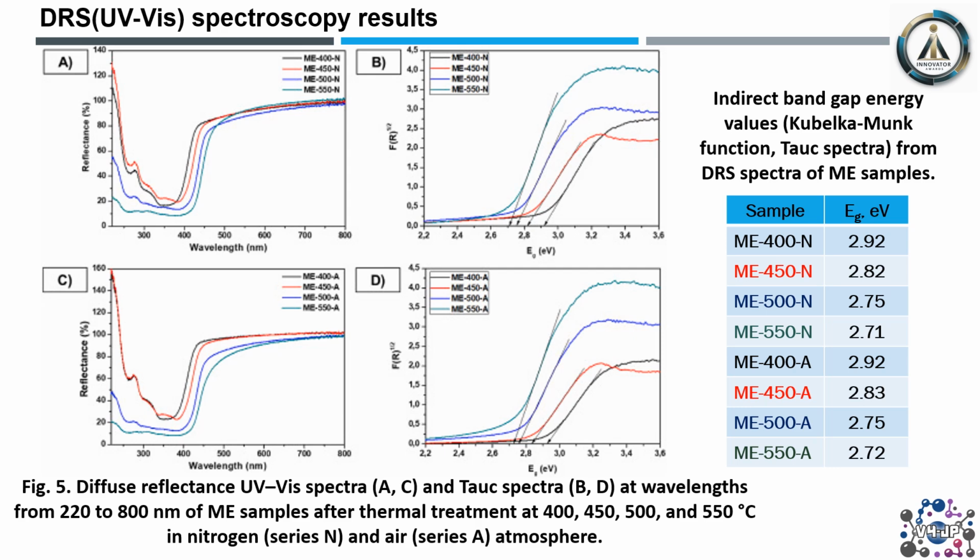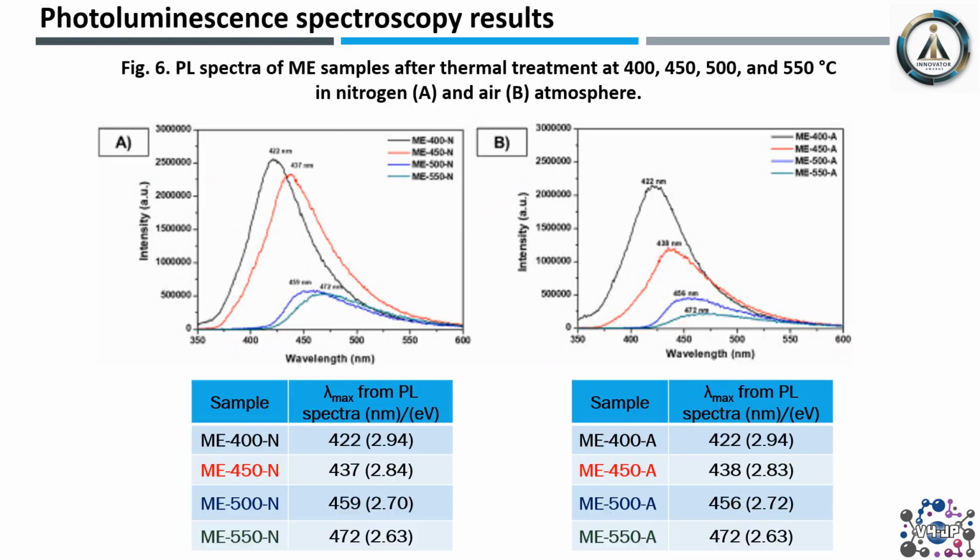At 500 degrees, the melem structure predominates with some remaining melem, and the graphitic carbon nitride structure was the predominant phase with a residual melem content observed following the heating of melamine at 550 degrees. So what was also important for us is that we compared those data with photoluminescence spectroscopy, which you will see on the next slide.